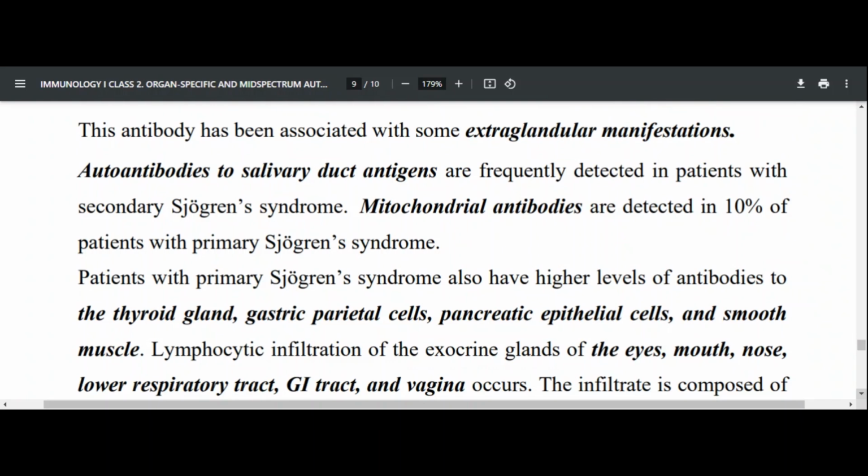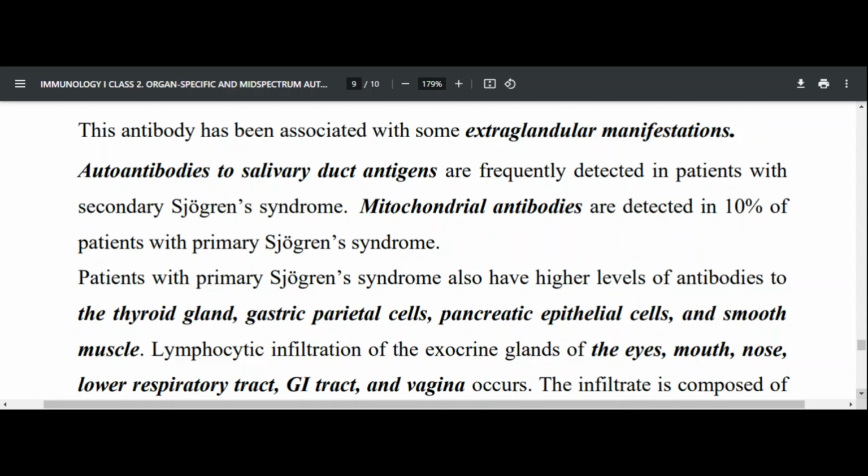Lymphocytic infiltration of the exocrine glands of the eye, mouth, nose, and lower respiratory tract is another immunologic manifestation, as well as the vagina.